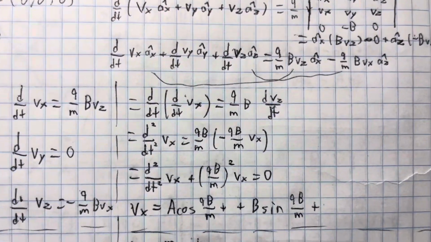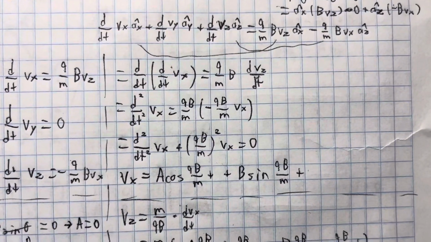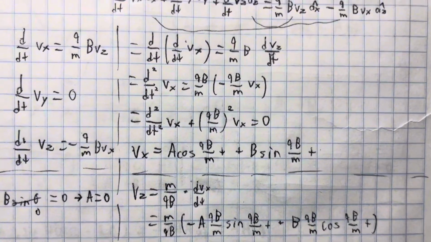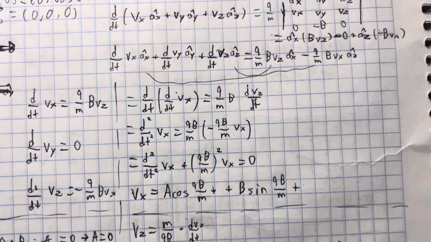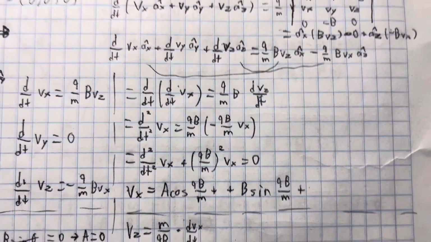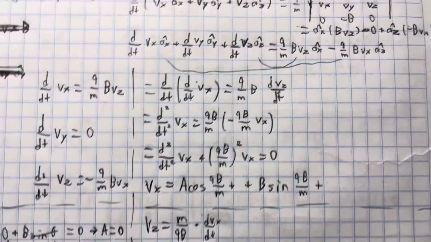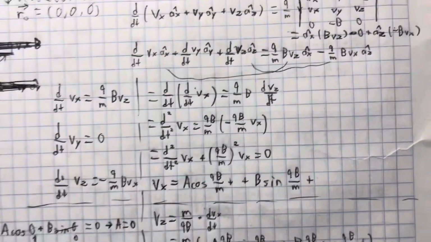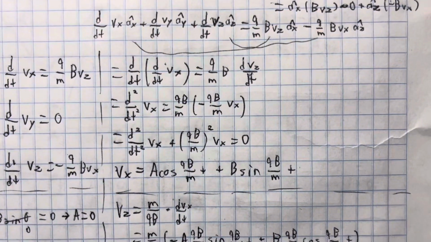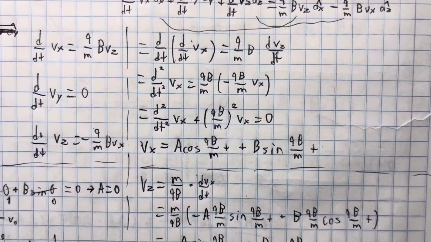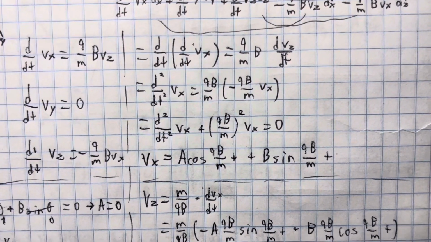And this system of differential equations, we have to solve it, of course, and find the value for the velocity in x. After solving, we have the second derivative, (qB over m) squared.